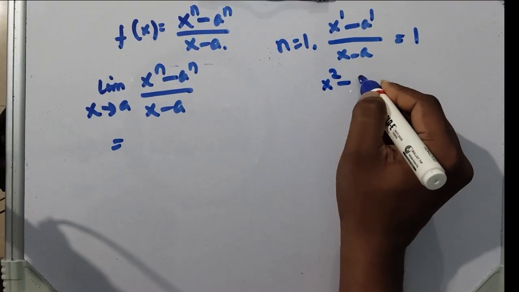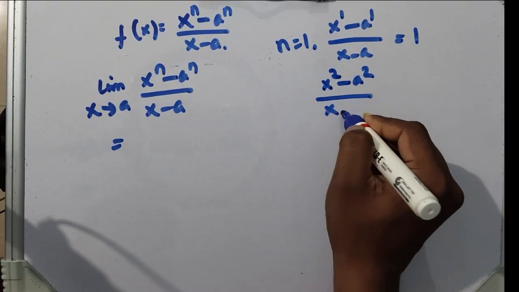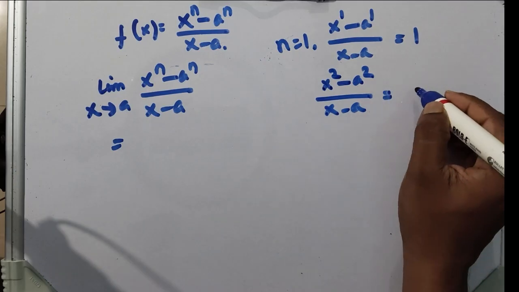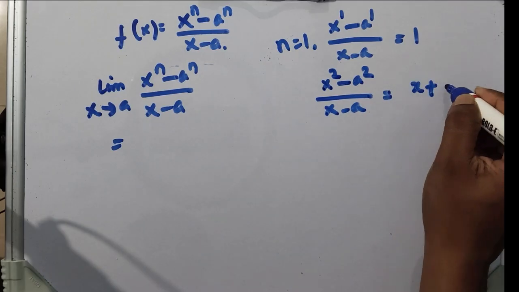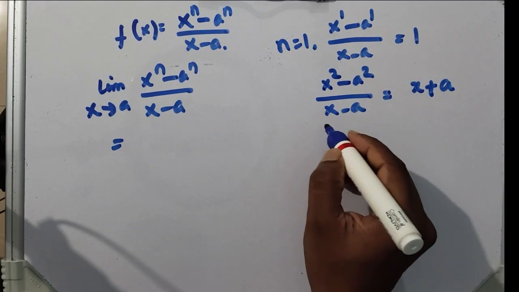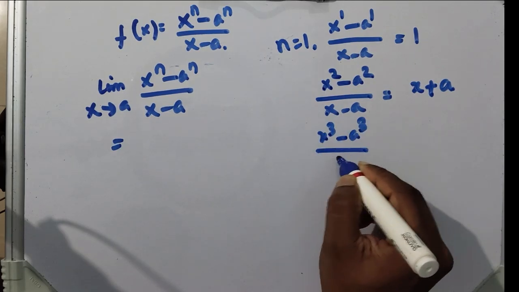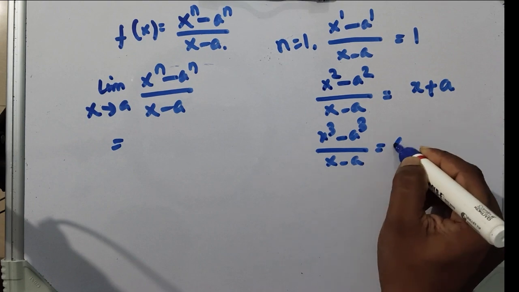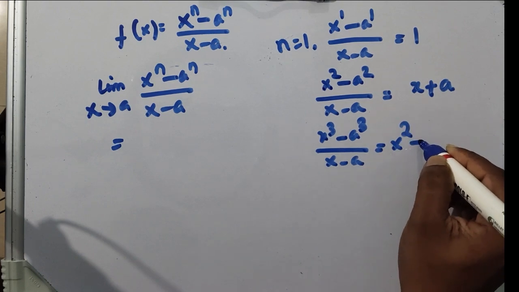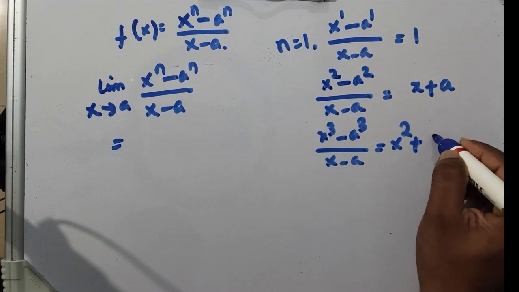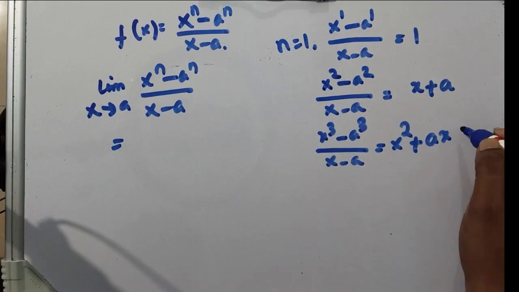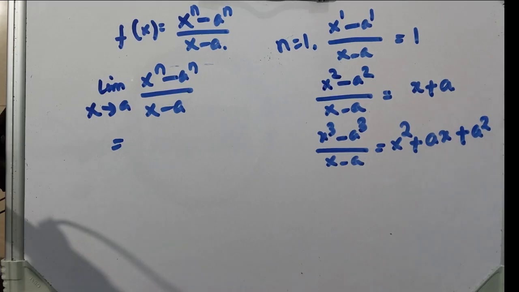For n equal to 2, (x square minus a square) by (x minus a) is equal to, can we write x plus a? Similarly, (x cube minus a cube) by (x minus a), can we write x square plus ax plus a square? Can you write this?